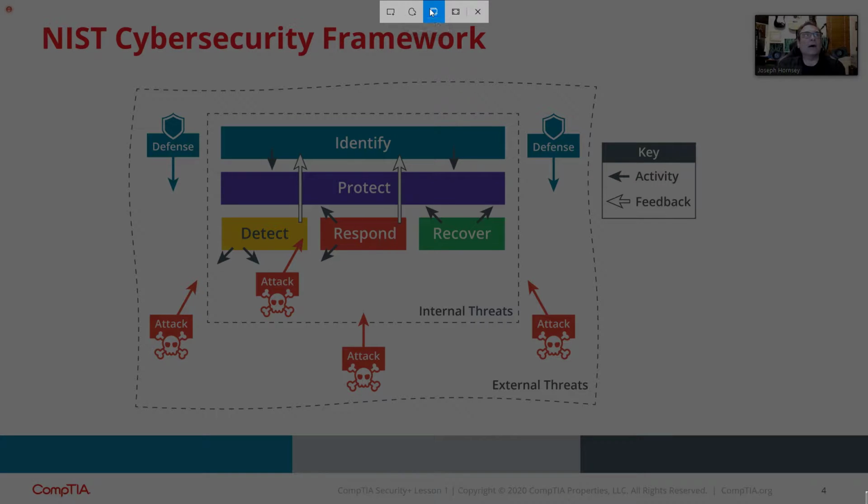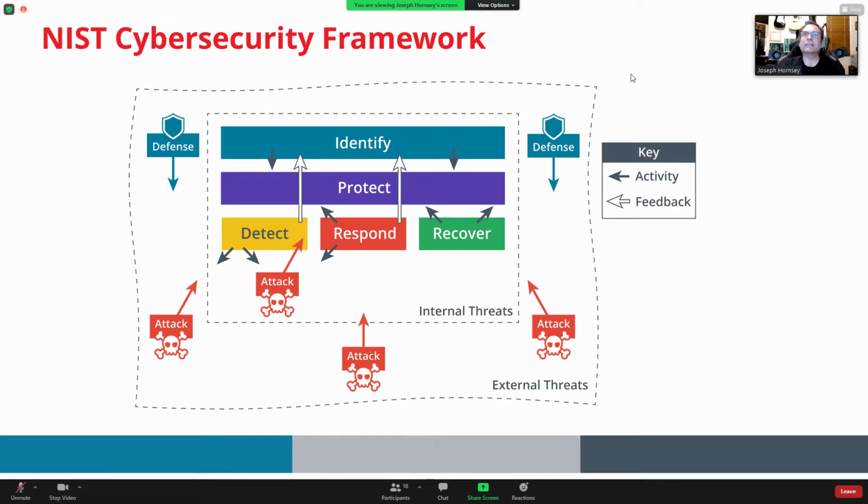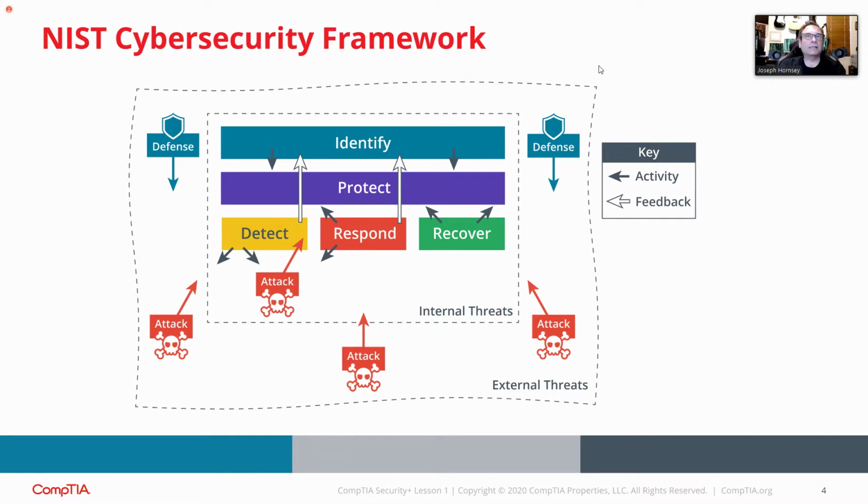And the framework that is mentioned here is the NIST Cybersecurity Framework. NIST is the National Institute of Standards and Technology, and this is a government agency, and its job is to come up with the different standards for, as the name would imply, different kinds of technologies. That includes networks and security, cybersecurity.